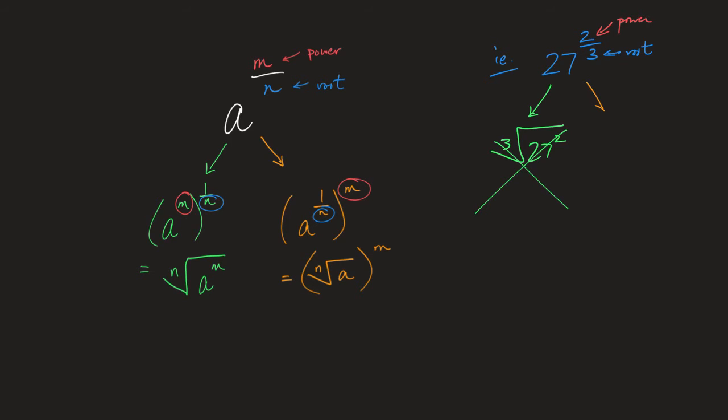But if we tackle that using the orange method, then I think we can do that in 5 seconds. What that orange method says is, why don't I take the cube root of 27 first, then square it? And I think some of you will be done in 5 seconds, because you can already calculate the cube root of 27.